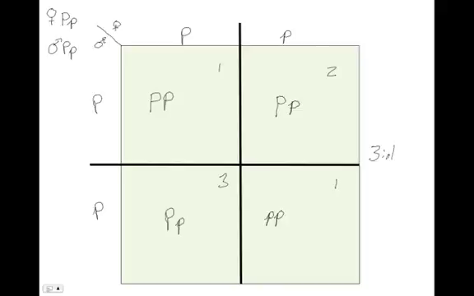Now what we want to do is combine these two to see what happens when we look at the two traits in conjunction. So let's set up our Punnett square. We're going to do it in the same fashion as we did before. Our female's eggs will be on the top, so it will represent the columns. The male's sperm will be on the side in the rows for our sperm.